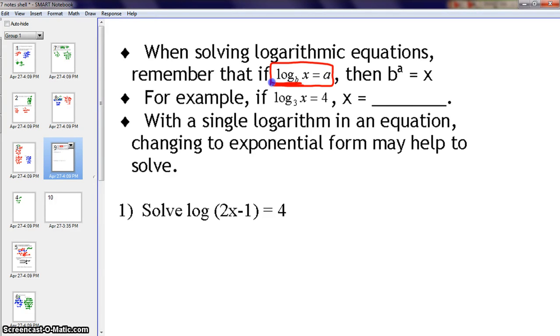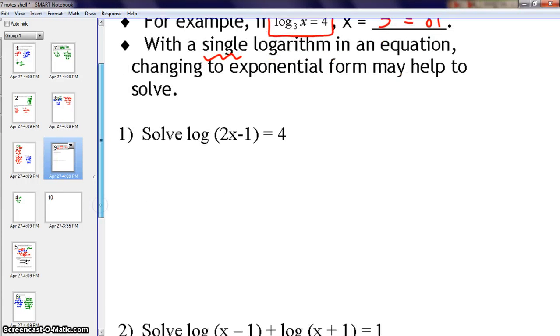And what we want to do is switch it to exponential form. So for instance, right here, I would rewrite that as 3 to the 4th is x. And so then I would need to know that 3 to the 4th is 81. So x is 81. So if you have a single logarithm, oh my goodness, you need to switch to exponential form, okay? Or if you can get it to a single logarithm.